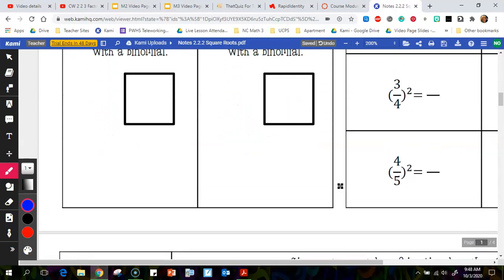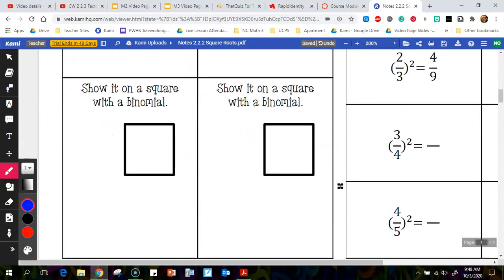On this last section here, it says show it on a square with a binomial. Alrighty, so if we had x plus 3, and x, we'll write it like this, plus 3 like that. So for the square root in here, we don't want to write out the whole polynomial. We'll just write x plus 3 squared.